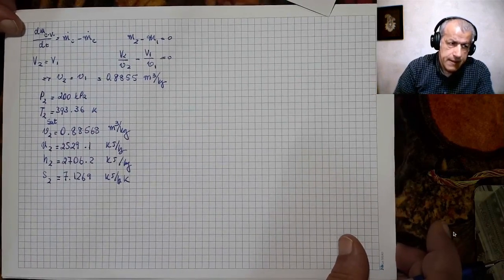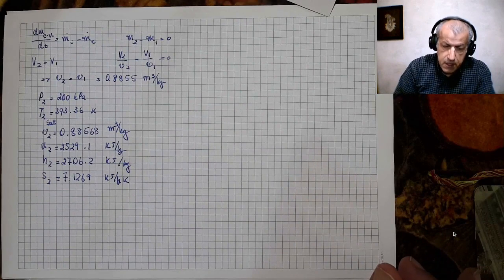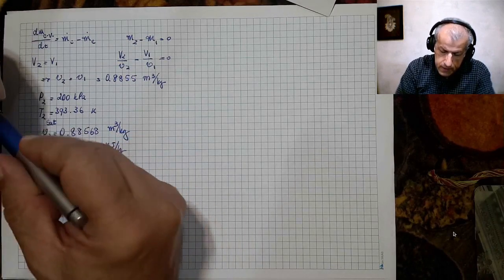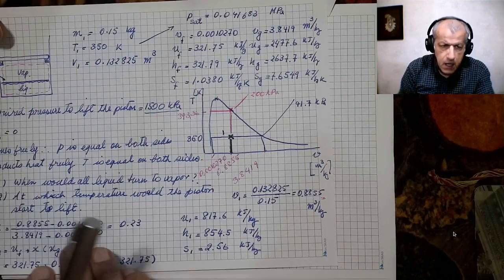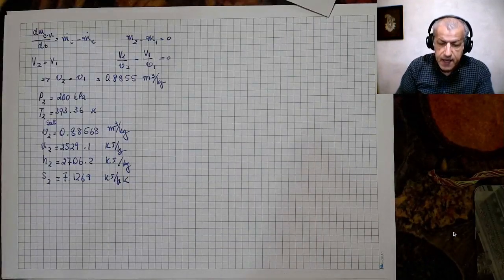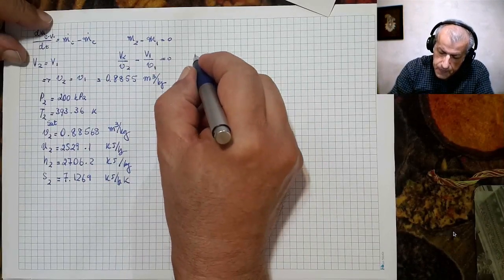Now, so we know everything about points 1 and 2. Now, what happens to point 3? I would prefer to draw this diagram again and tell you what happens to point 3.